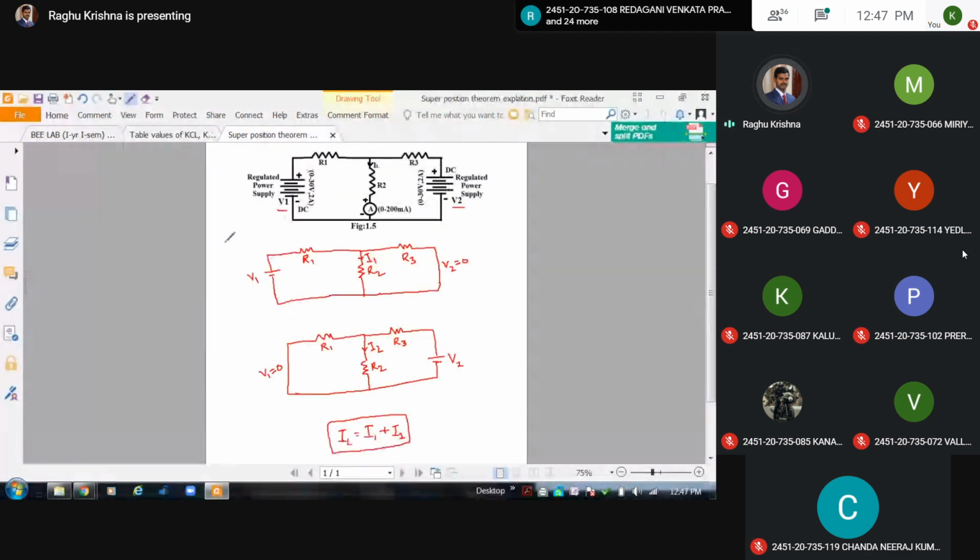For getting I1, this is the circuit, for getting I2, this is the circuit, and for getting the IL, this is the circuit.